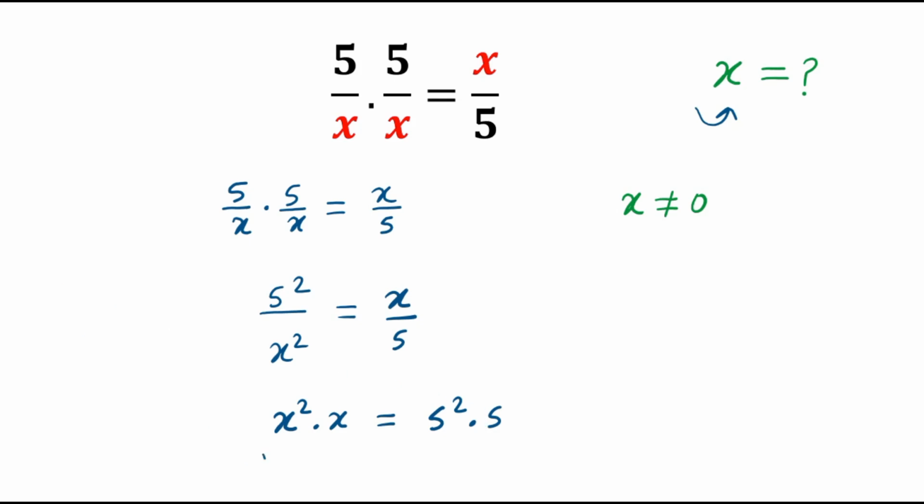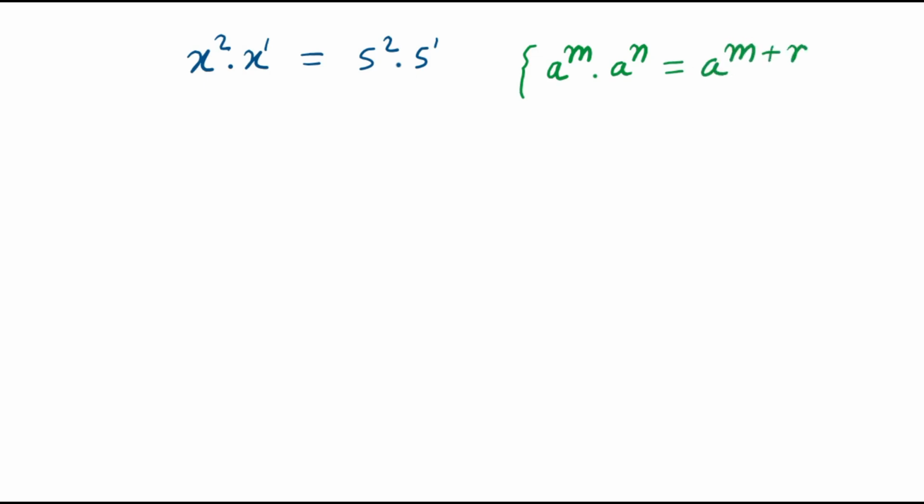Now first we will write this expression on the next page. x square times x is equal to 5 square times 5. Here assume the power is 1. Now we know that a power m times a power n is equal to a power m plus n.